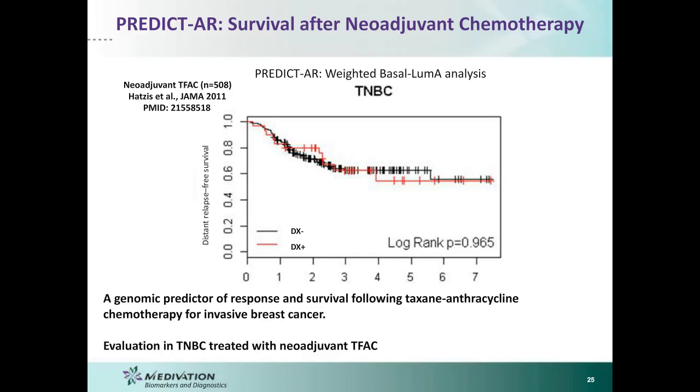Our best evaluation of this was making use of this neoadjuvant data set published in 2011. We extracted the triple-negative portion of this data set and applied the PredictAR signature to it, and we see no difference in distant relapse-free survival according to diagnostic arm in these patients that did not receive the drug, which indicates that the biomarker is likely predictive and hopefully not simply prognostic.